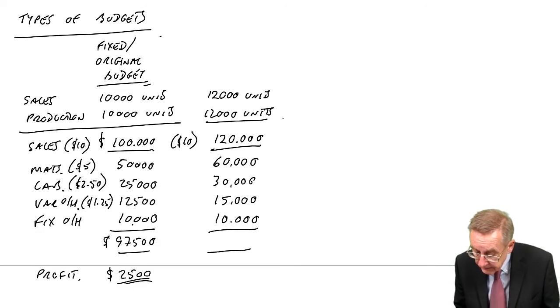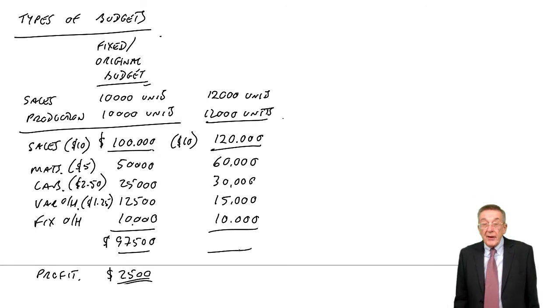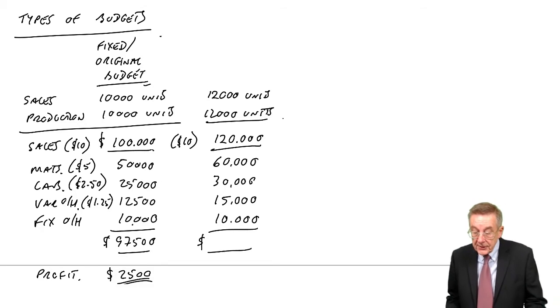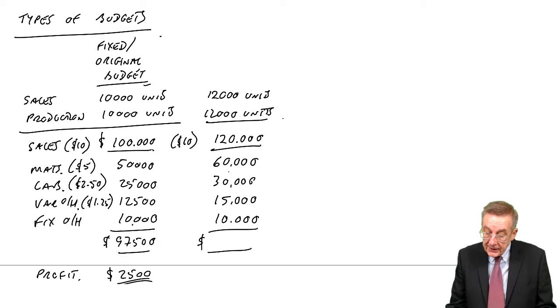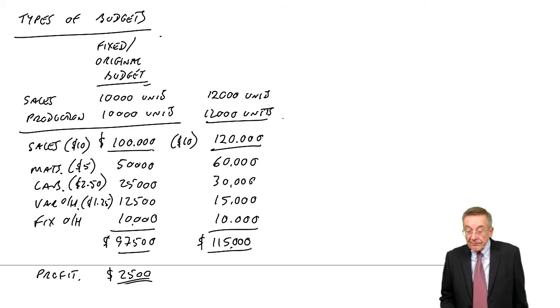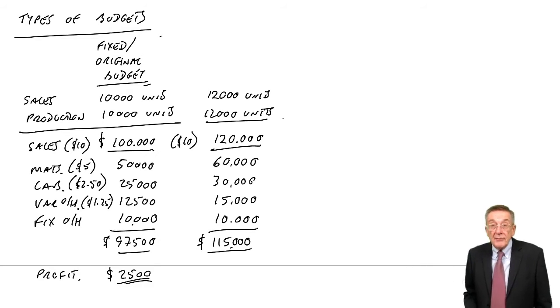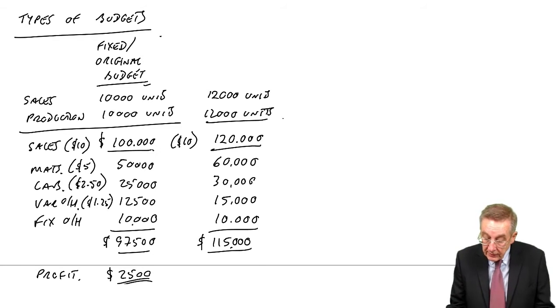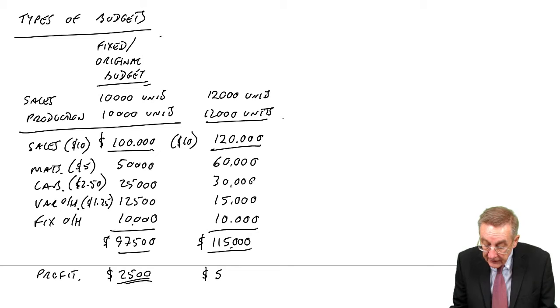But as a result, for our actual level of activity, for the 12,000 we actually produced and sold, we'd expect the total costs, in fact, to be 60, 90, 105, I think 115,000. And as a result, the profit we'd now be expecting, 120 less 115, would in fact be 5,000.